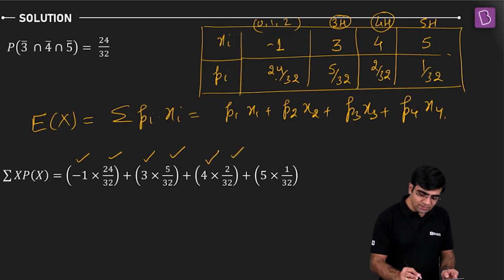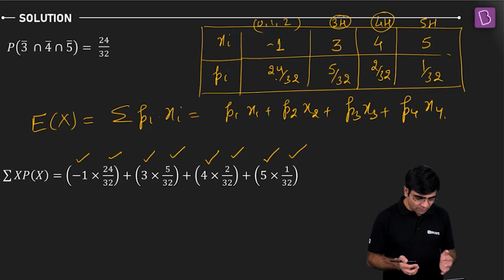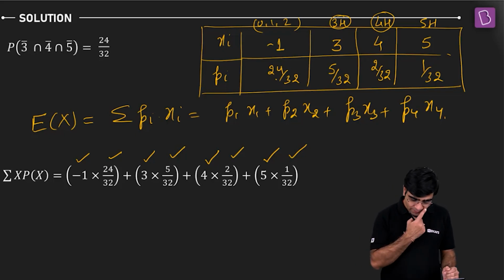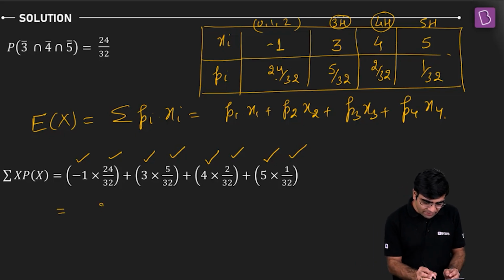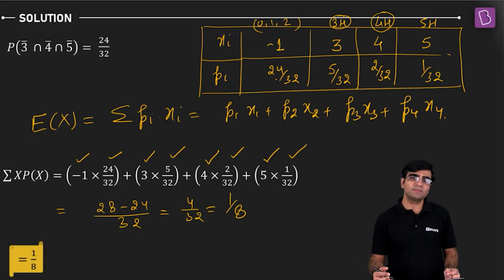And for 5 consecutive heads, the value associated is 5 and the probability is 1 by 32. Let's quickly simplify and do the calculation. So we have 15, plus 8 is 23, plus 5 is 28. So we get 28 minus 24 divided by 32, which is nothing but 4 by 32, which is simply 1 by 8. I would say that the expectation value turns out to be 1 by 8.